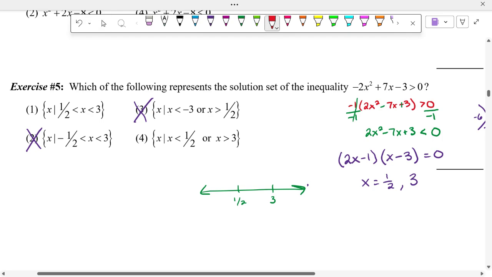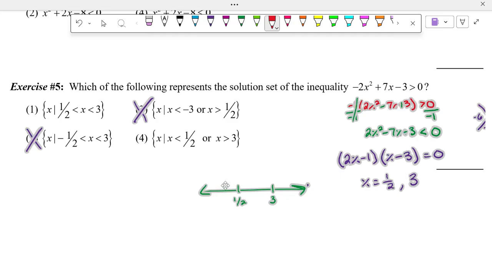So what is a number less than 1/2? 0. If I plug 0 back in, you can either plug it into your original or you can plug it into the new. I would plug it into the new. What would it give you? 3. So this gives us 3.